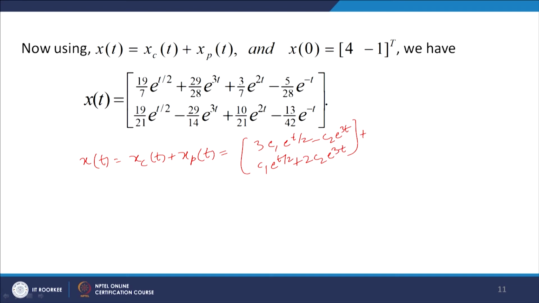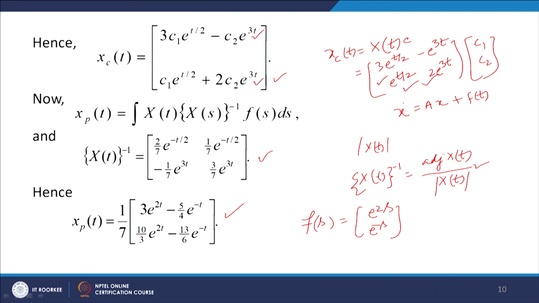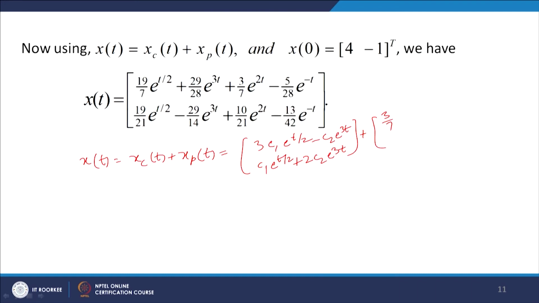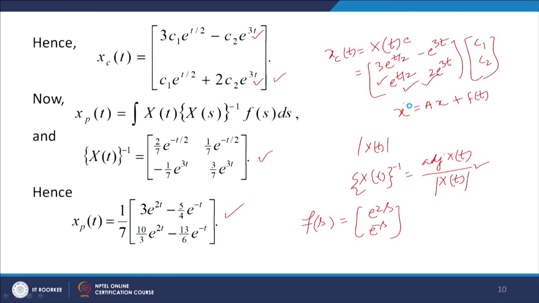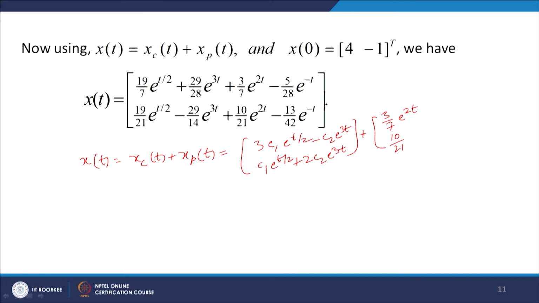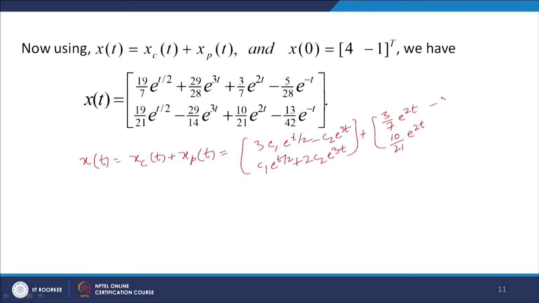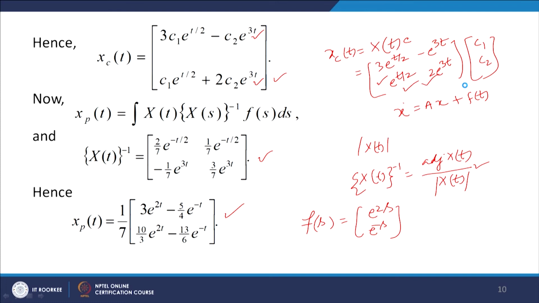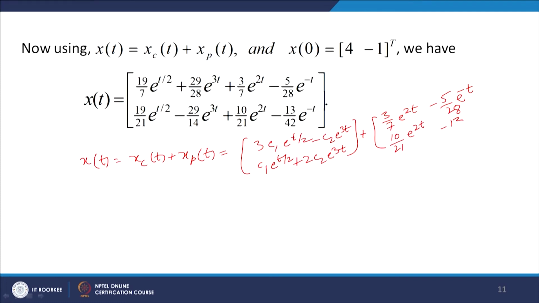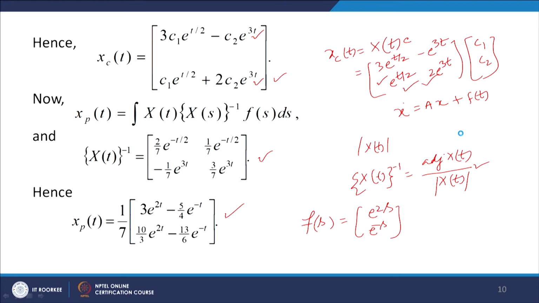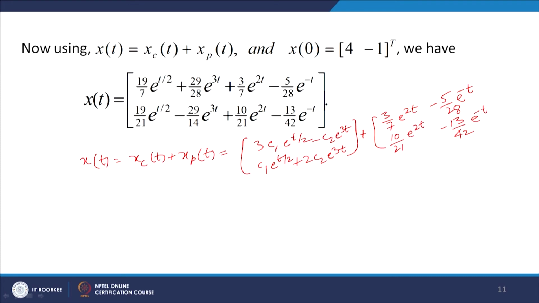To this we add this matrix: 3/7 e^(2t), then 10/21 e^(2t), and then minus 5/28 e^(-t), and then minus 13/42 e^(-t).